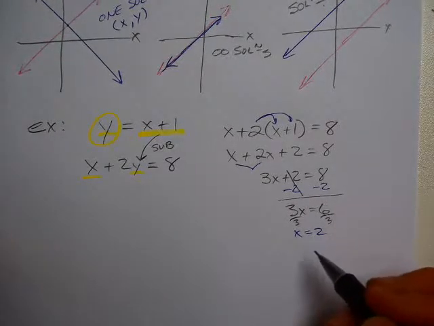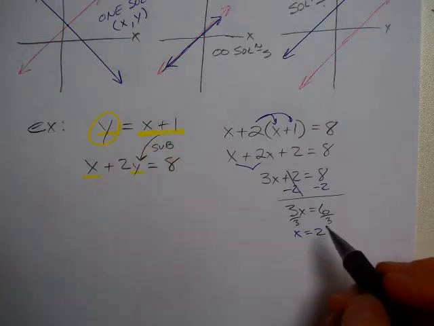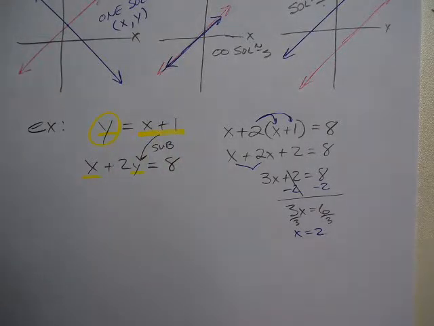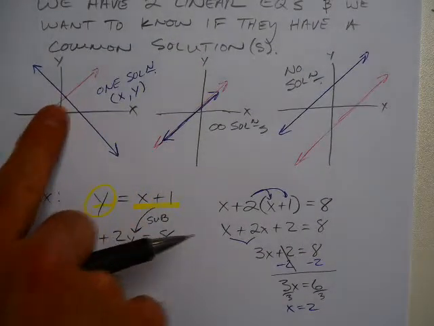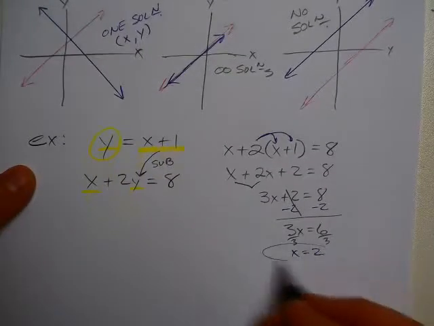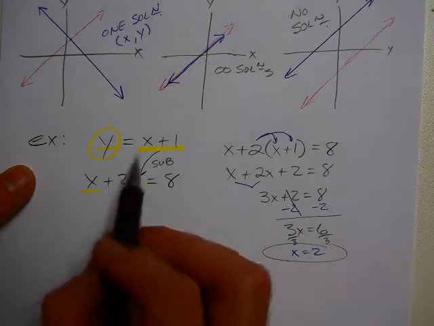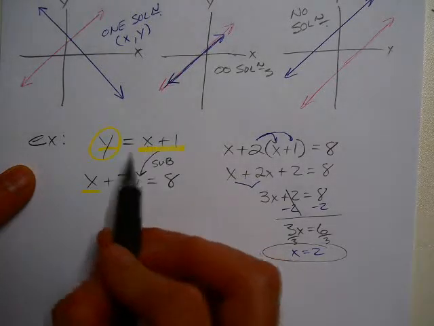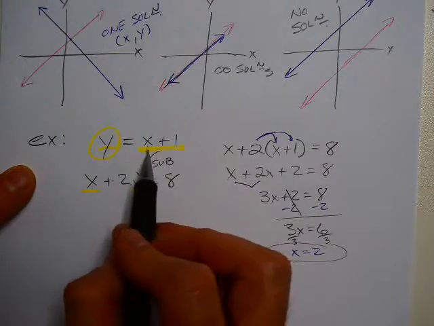Now, I know what an x is. But coming back here, remember I have x's and y's. So I'm looking for a situation probably where the two lines cross. So I need to know what y is. So I take this value and I do one more substitution. I can take this x and put it in either here or here, whichever one I like. It doesn't matter. I'm going to put it in the easy one, which would be this one.